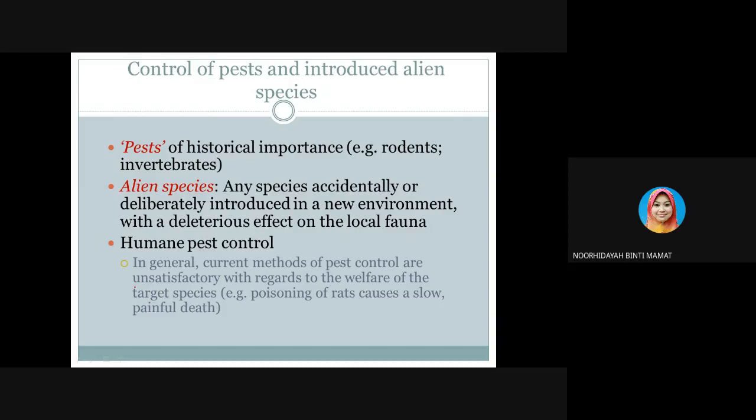In general, the current methods of pest control are unsatisfactory with regard to the welfare of the target species. For example, poisoning of a rat can cause a slow and painful death. So this is unsatisfactory if we are talking about animal welfare.